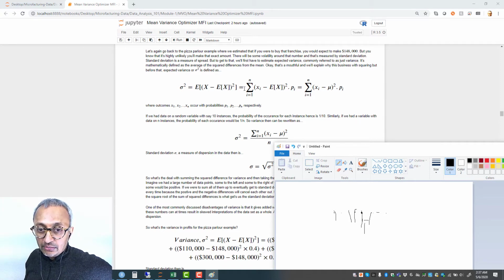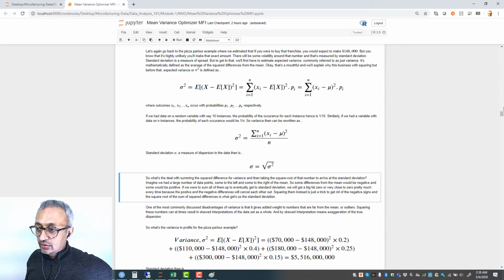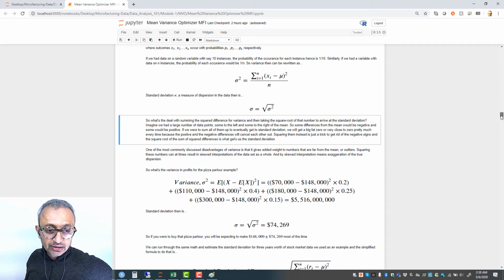You are summing them all up, so if you sum those two, you're going to get 0. So that's the logic behind squaring and then taking the square root. I hope that is clear, as to why that squaring business.